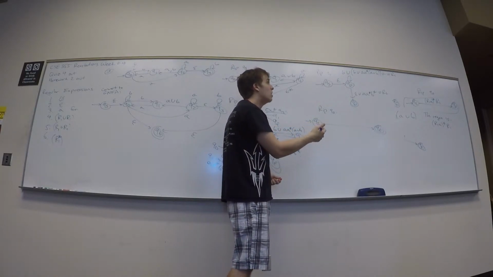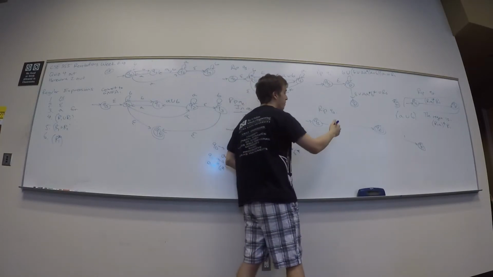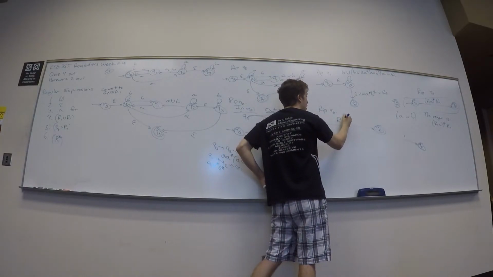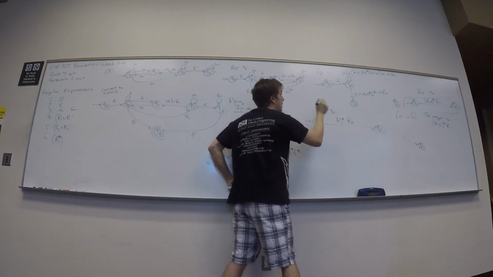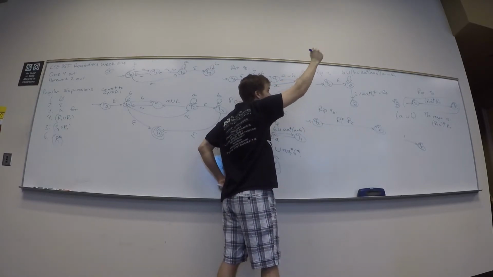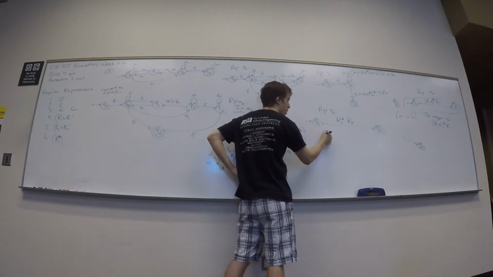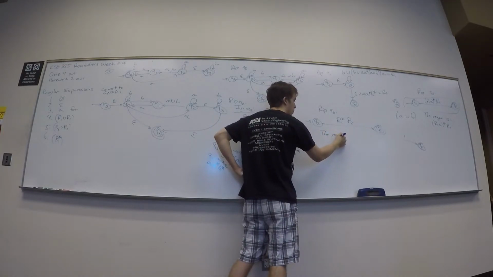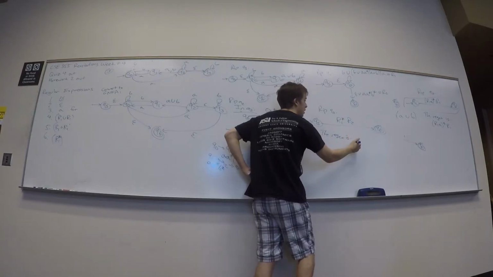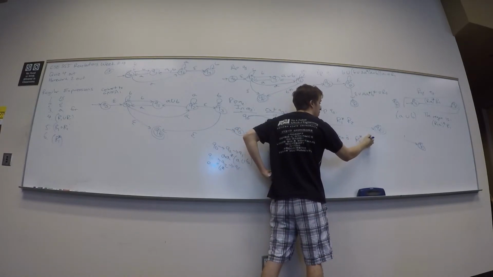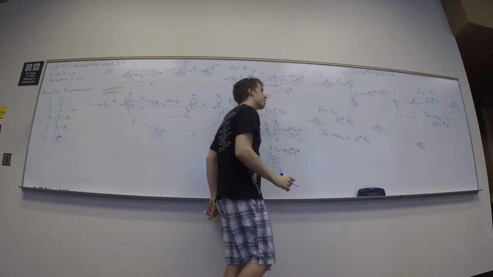R1 star. Then what? R2, thank you. So it's R1 star, R2, because it's epsilon, R1 star, then down to R2, to QF. So the regex we want is R1 star, R2.